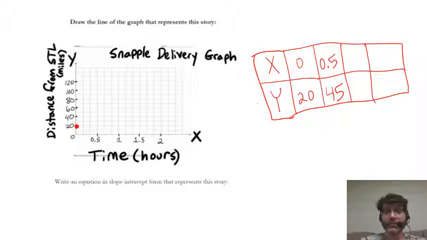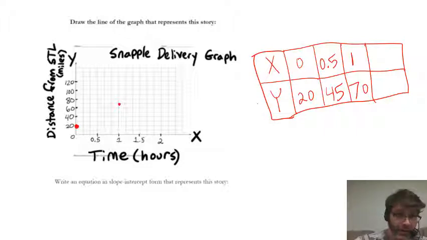Okay. All right. Now another half hour later will be 1 hour, and so that's 25 more miles. 25 plus 45 is 70. So at 1 hour, he's at 70 miles, which is right here. It looks like my other point disappeared. I'll put it back in, which is 45, about right there.